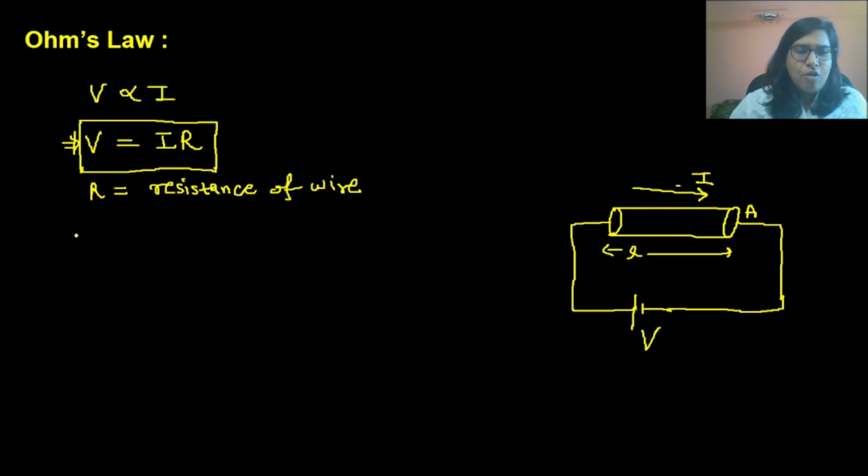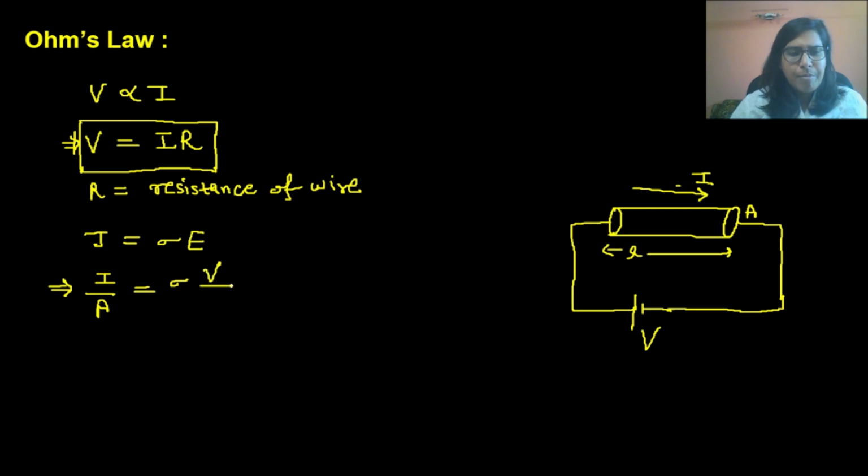Now if we write this R in terms of length and area, then we know J equals sigma into E, or we can write J equals I upon A. Similarly, E equals V by L. So from here, I upon A is the same as sigma into V upon L, where V equals I into R from Ohm's law. If we simplify this, I will be cancelled.